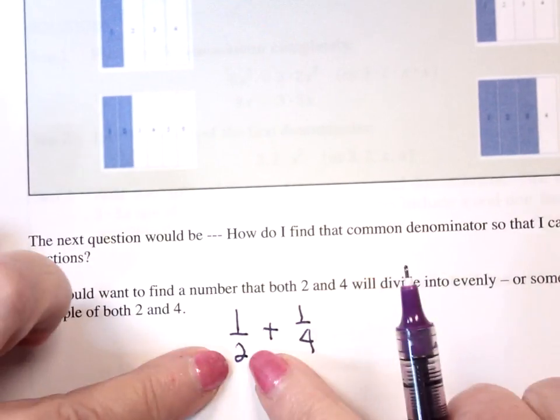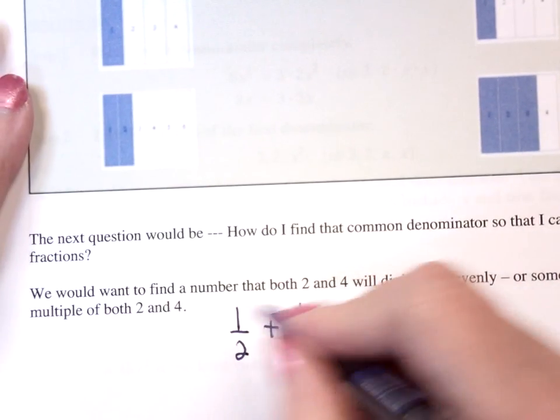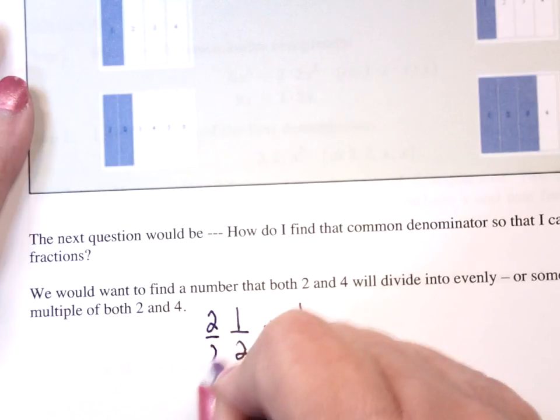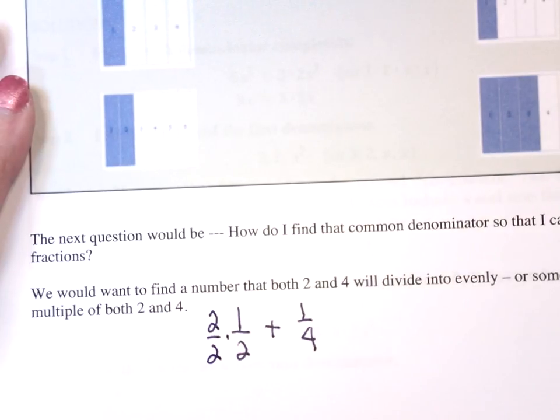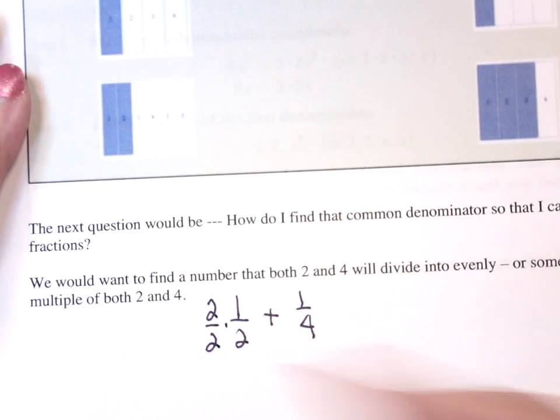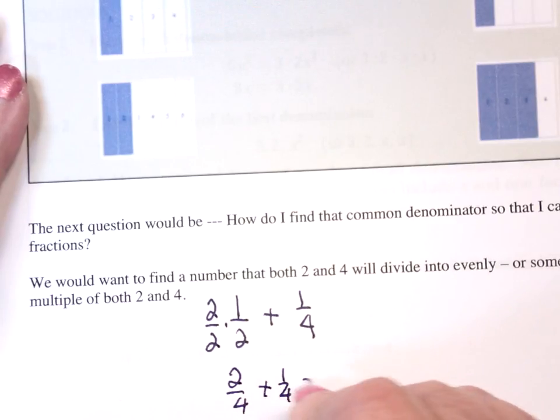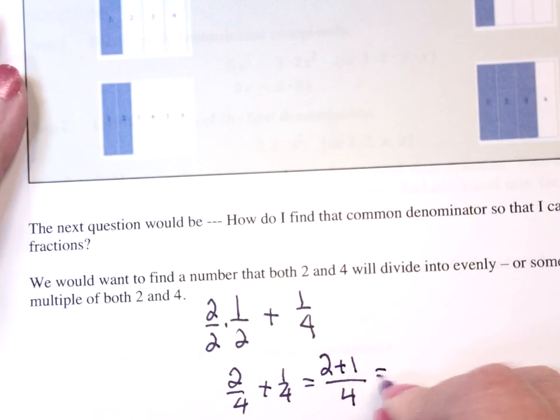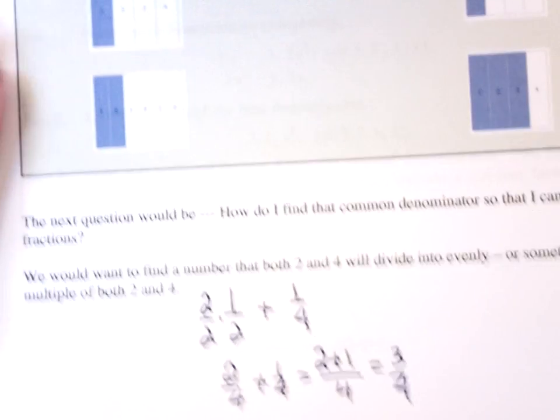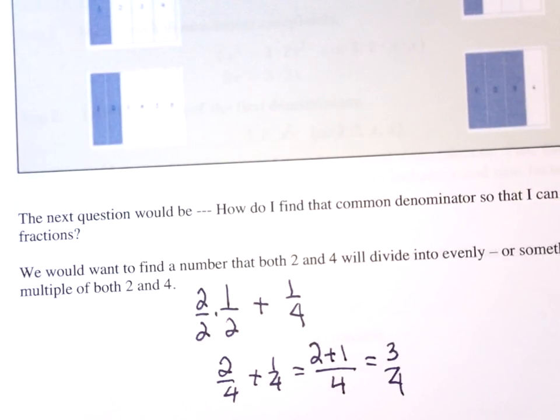I could turn 1/2 into fourths by multiplying by 1, but a very special one. That was 2/2. That's how I got 2/4 plus 1/4, which then became, as we did yesterday, denominators are the same, you add the numerators, which is 3/4. So I'm counting the same size pieces.